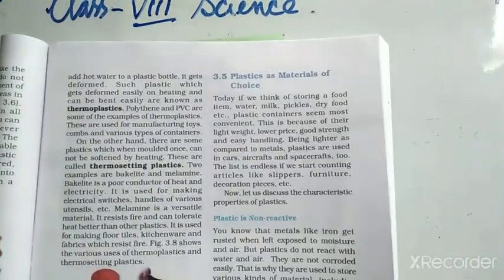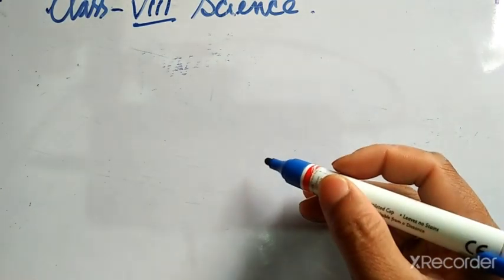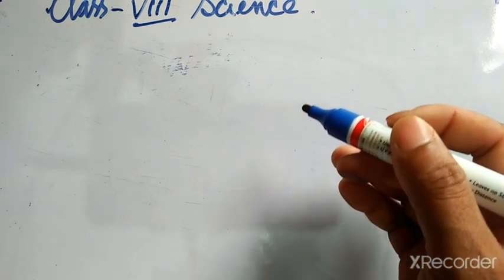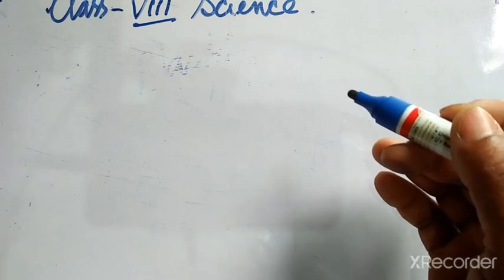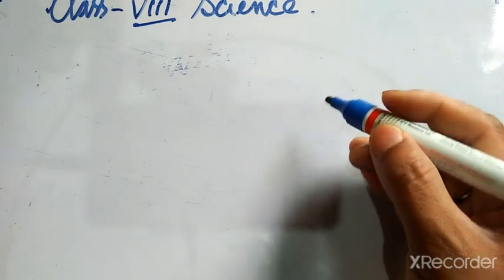And next, thermosetting plastics like bakelite and melamine resist fire and can tolerate heat better than other plastics.